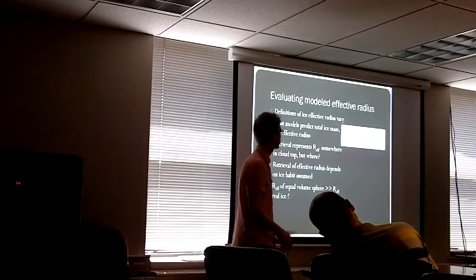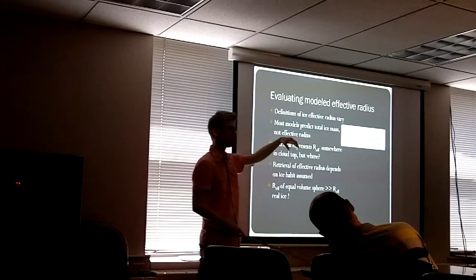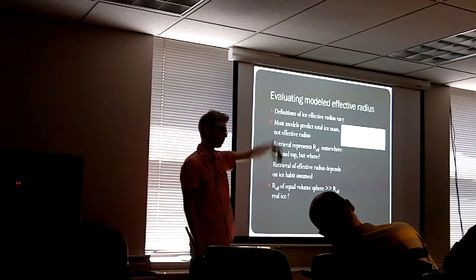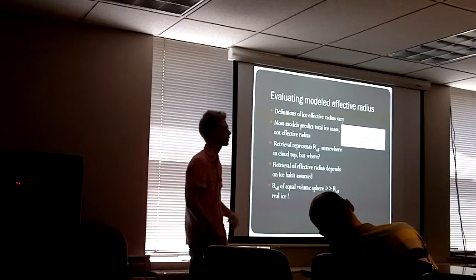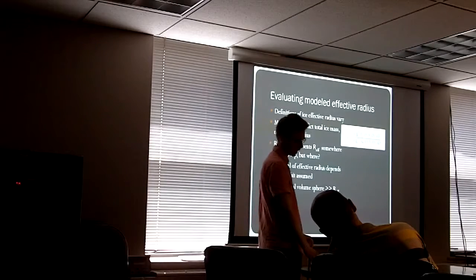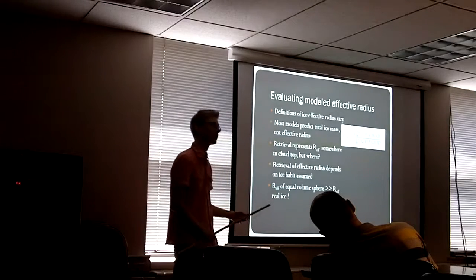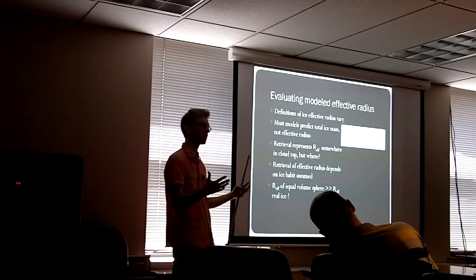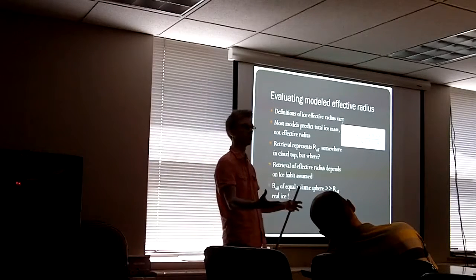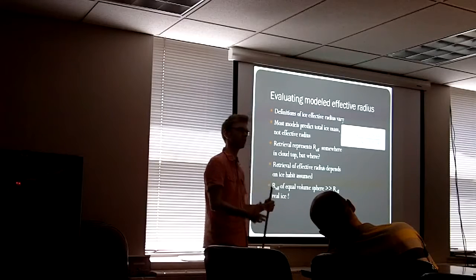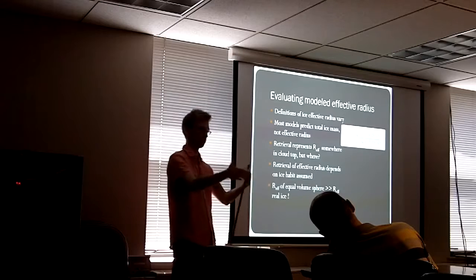So that's a problem. And also, the retrieved effective radius represents the effective radius somewhere in the top of the cloud, but what level is not really certain. And then the effective radius retrievals also depend on the ice habit, because the asymmetry parameter depends on ice habits. So you end up with a different reflectance in these absorbing channels if you choose a different ice habit.